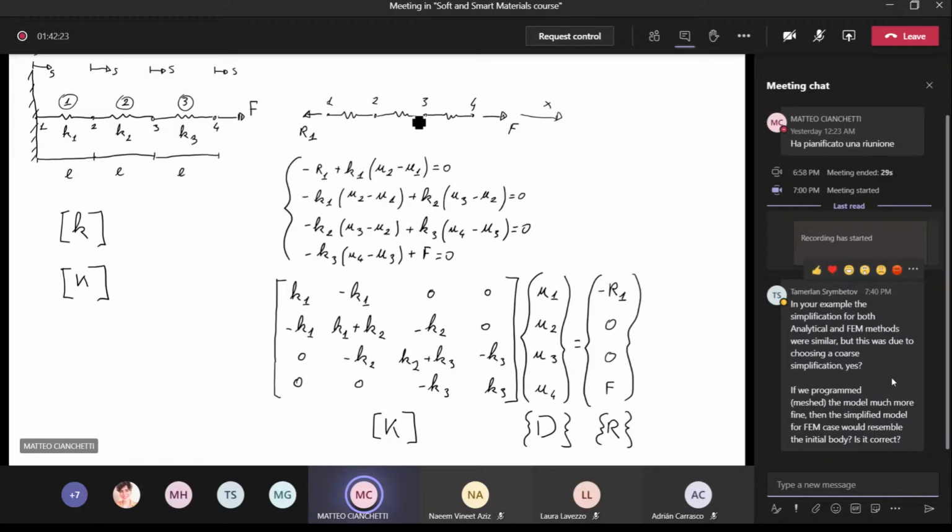So the solution is undefined, because we can study with this equation what happens to the system, but not in any point in space, because we don't have any absolute position given by a fixed constraint.